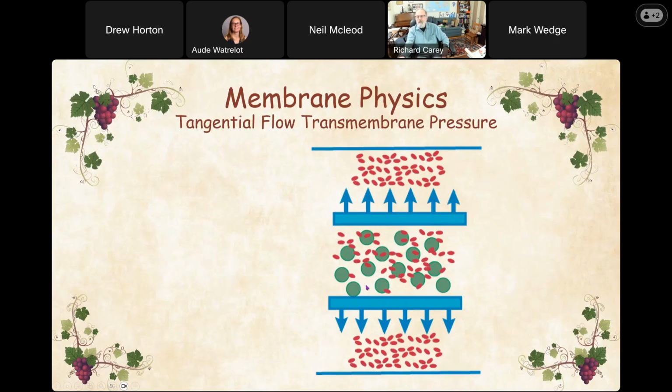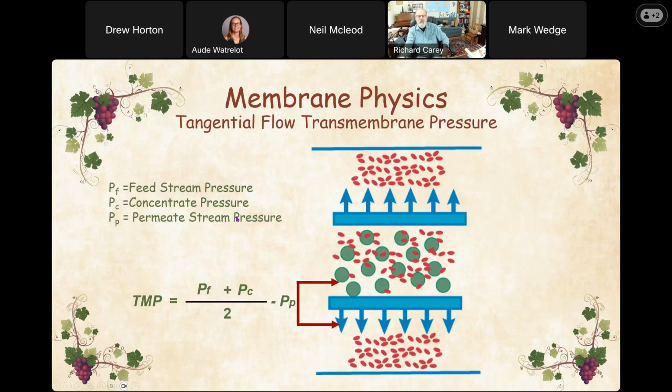By maintaining your turbulent flow, you have a different formula, which is the pressure of your feed plus the pressure of the concentrate, divided by 2, versus what's called the permeate, which is the pressure of the filtered material through the membrane. So that's your feed stream pressure and concentrate pressure versus the permeate stream pressure in that formula.